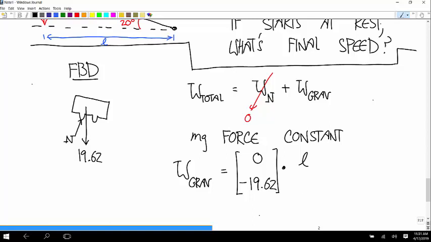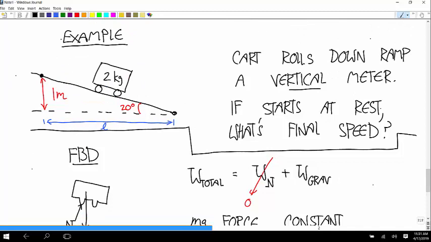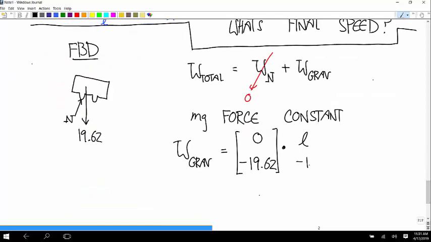It dropped. Yep. So remember that displacement vector is the vector from the start to the end. So that's the displacement vector, and so this has to be -1.